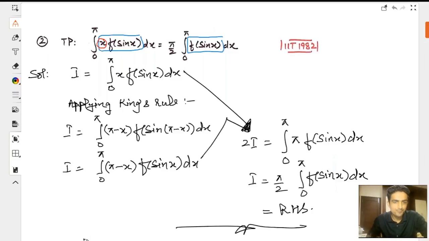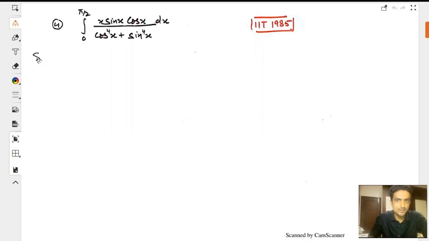Okay, guys, let us take a few more examples. Look at this question. Again, certainly this x is not appreciable here. All the terms other than x are trigonometric, which we know we can handle by some standard formats. But this x is somehow disturbing it.